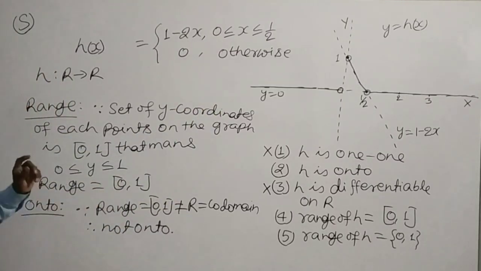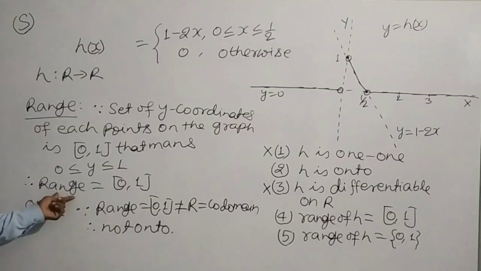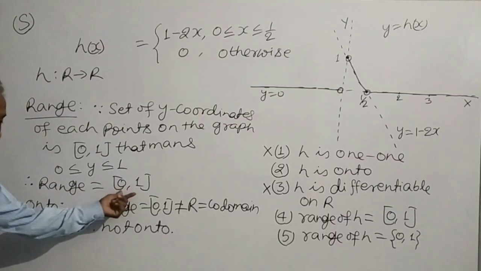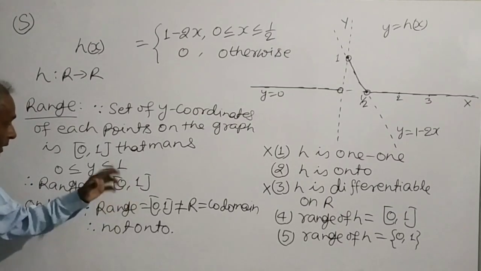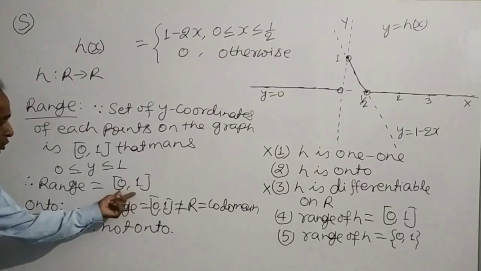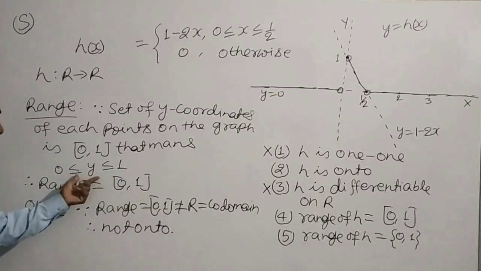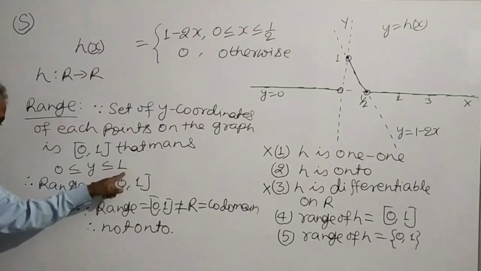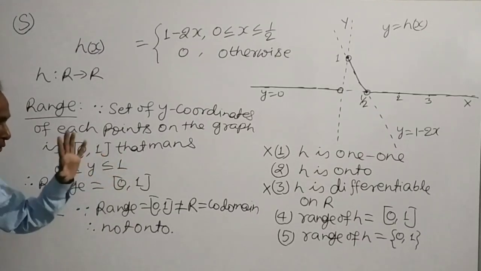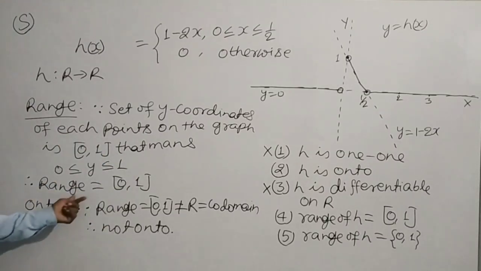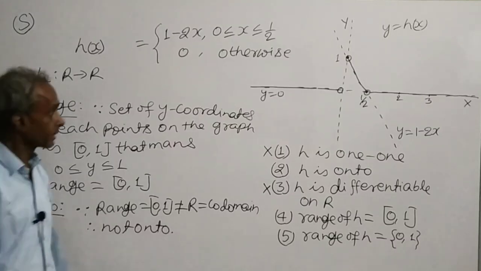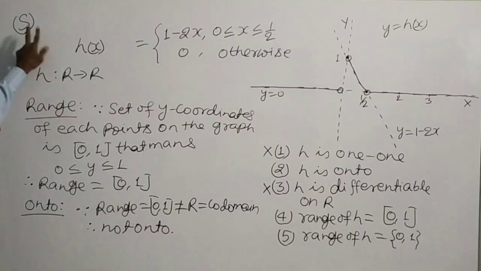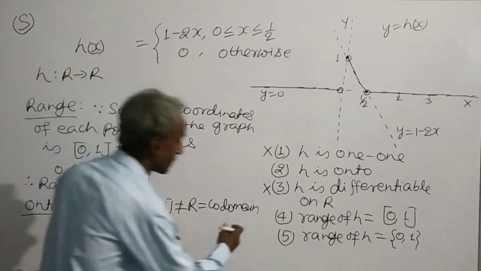Therefore, the range of this function will be the interval [0, 1]. Interval [0, 1] means all real numbers greater than or equal to 0 and less than or equal to 1. Range is equal to this. Therefore, S will be matched with this.